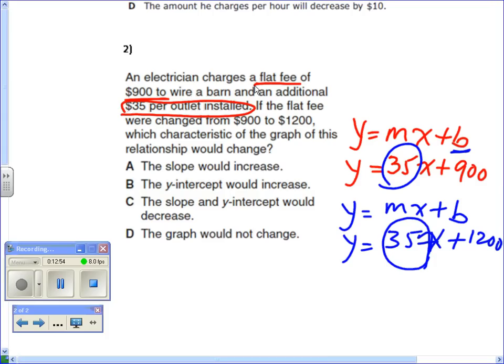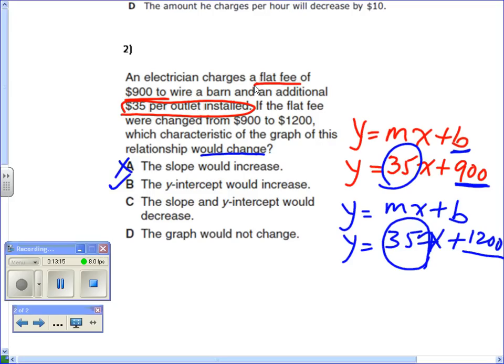So if we look at our choices trying to answer which one of these characteristics of the graph would change, we can see that the slope would increase does not work because the slope stayed the same. The y-intercept would increase. Yes, the y-intercept did indeed increase from 900 to 1,200. That's a plausible answer choice to take into consideration.